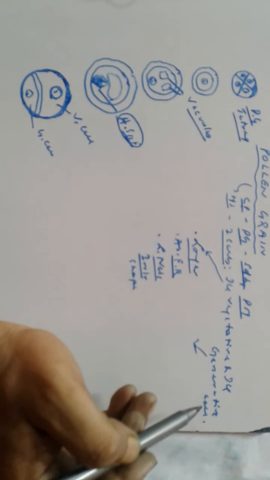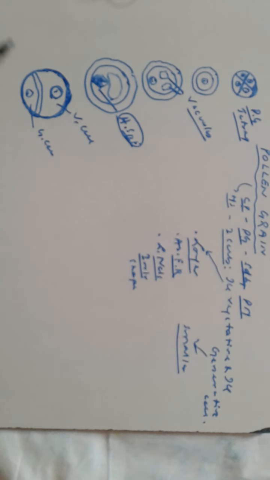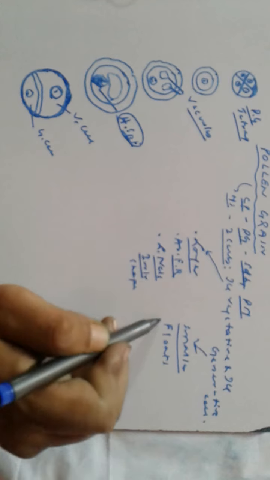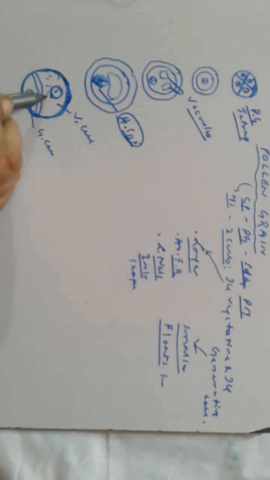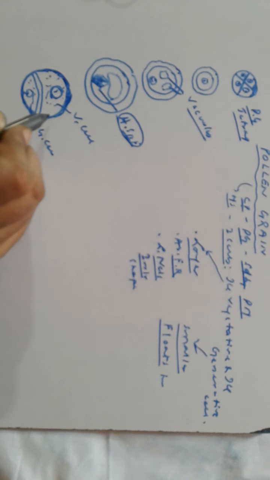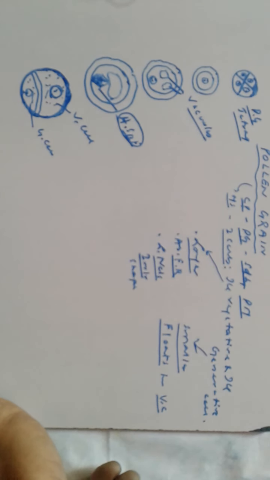What about the generative cell? It is smaller in comparison to the vegetative cell. And where does it float? It floats in the cytoplasm of the vegetative cell. It is spindle shaped.